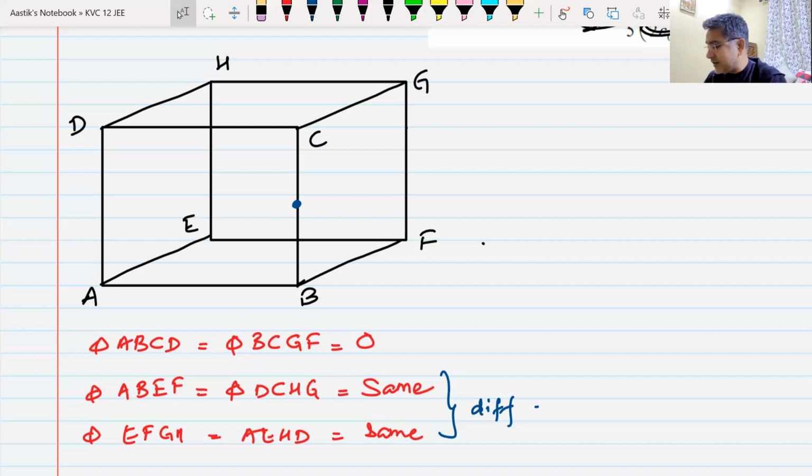What is the flux through the entire cube? I forgot to tell you that. Yes? I heard some murmur, some sound. It died down.